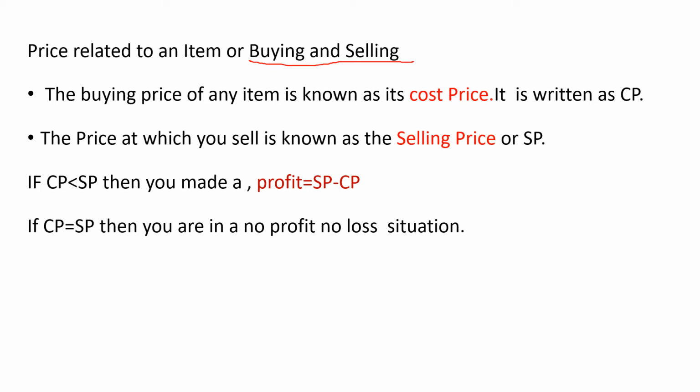Girls will be buying dresses, makeup items, earrings, bangles. And you'll be giving some money for the cost of that item you're buying. So that is known as cost price.